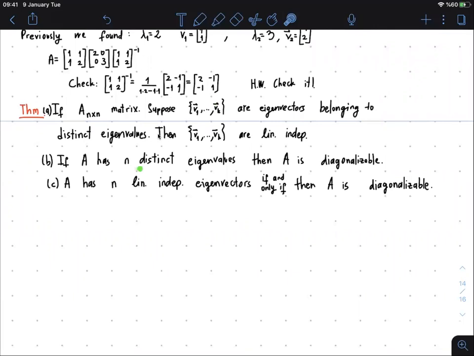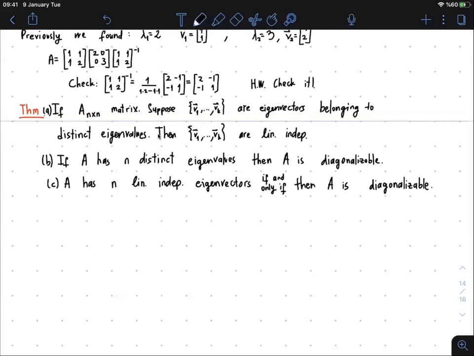So if A has n distinct eigenvalues, each one will have an eigenvector and the set of those eigenvectors will be linearly independent. So part B is a special case of part C. Part C is the most general case. If we can find n linearly independent eigenvectors, then it is diagonalizable. If we cannot, then A is not diagonalizable.